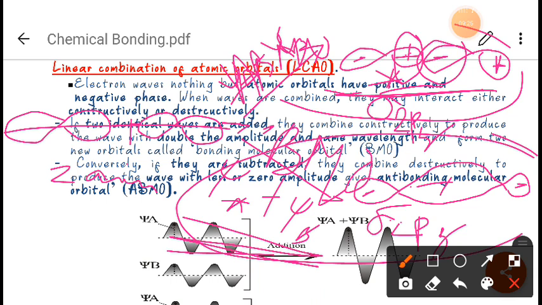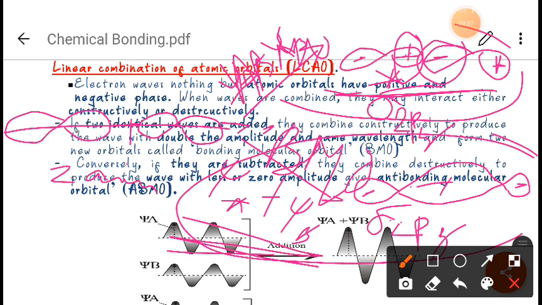Okay, up to this we have understood, right? Now what can we say? The combination of the 2pz orbitals gives sigma molecular orbitals, which are sigma 2pz and sigma star 2pz, right?